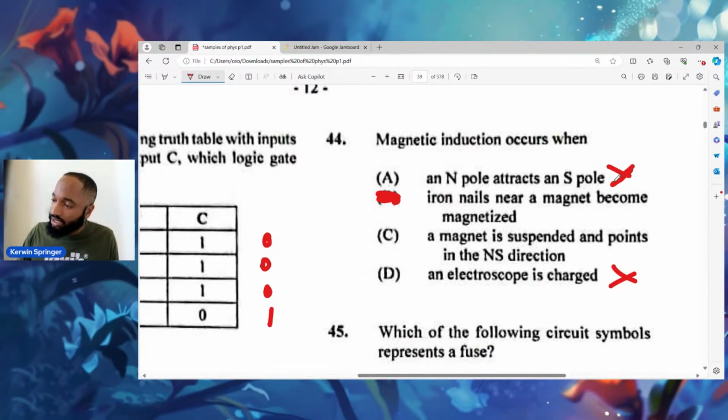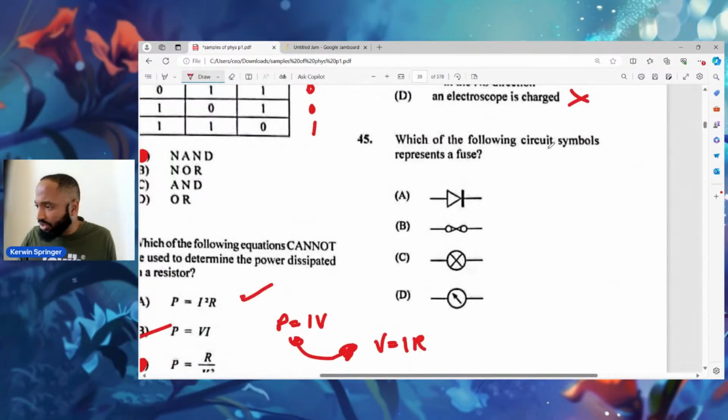In this case, these 2 were already magnetized. This one is just the magnet lining up with the Earth's natural magnetic field. And the electroscope, that's static electricity. That's electrostatics. Which of the following is a fuse? B is a fuse.